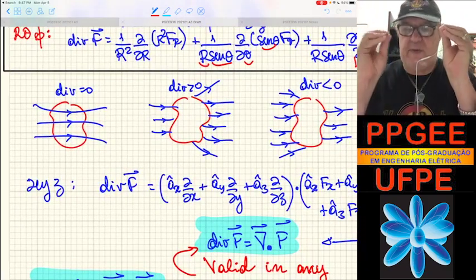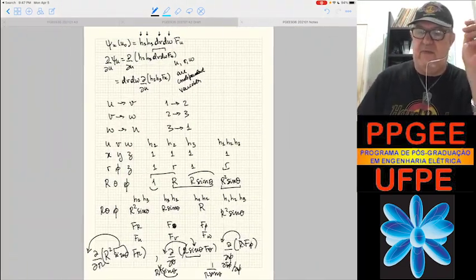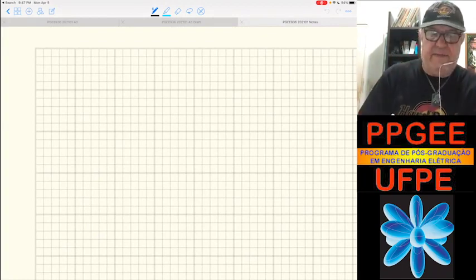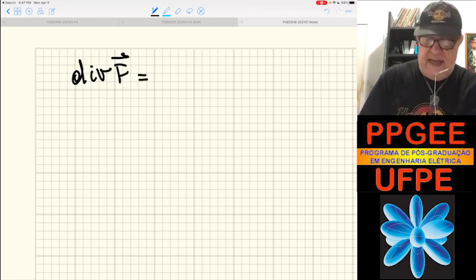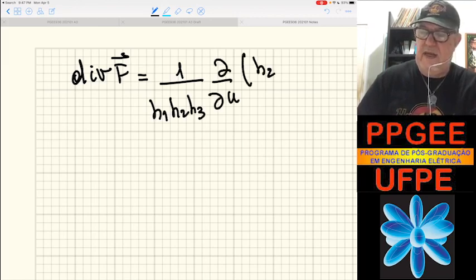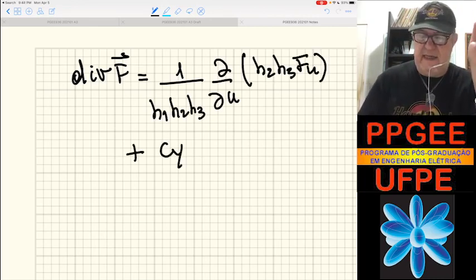And we have a general expression. So just summarizing, if you want to go beyond the three systems that we are talking about, you can say that the divergence of a field can be written as 1 over H1, H2, H3, the derivative with respect to u of H2, H3, F_u, that's enough, plus cyclic permutations.